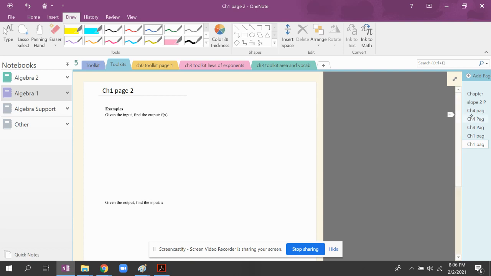So there's certain things that we can do with evaluating functions. Right? Sometimes we want to find the input, sometimes we want to find the output. And for the purposes of these examples, we're going to use a specific function. We're going to look at f of x equals negative 5x squared plus 3.